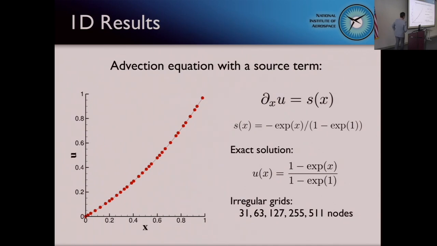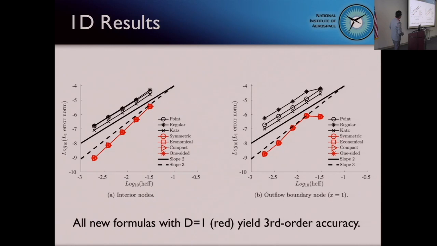So there are some numerical results. In one dimension, we solve this advection equation with the source term. Here is the source term and the exact solution, an exponential function, on the irregular mesh, 31 to 511 nodes. And this is the error convergence result. The red ones are the new formulas derived in this study, and the black is a point evaluation.